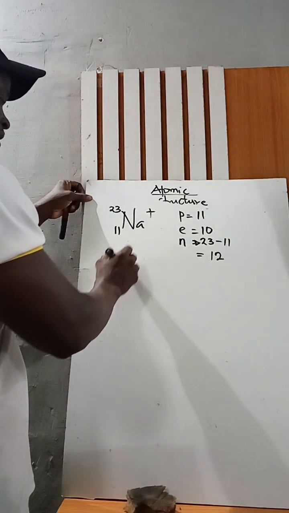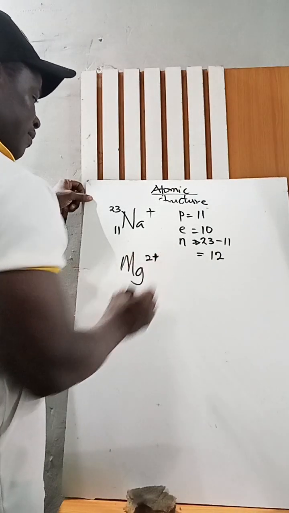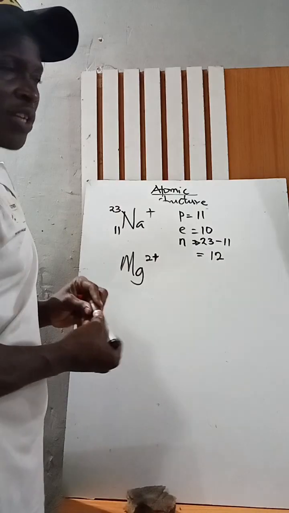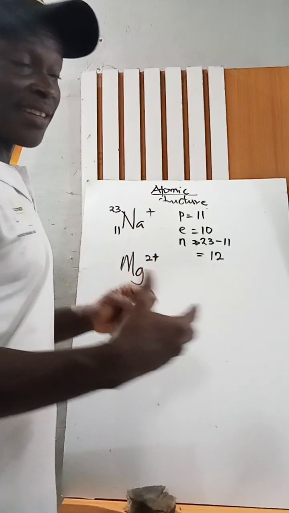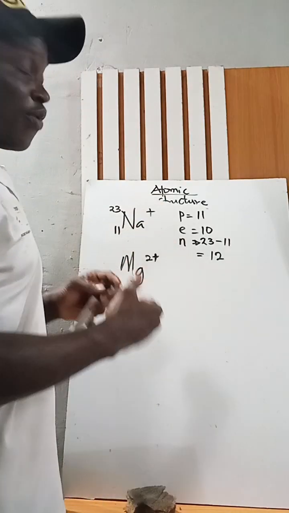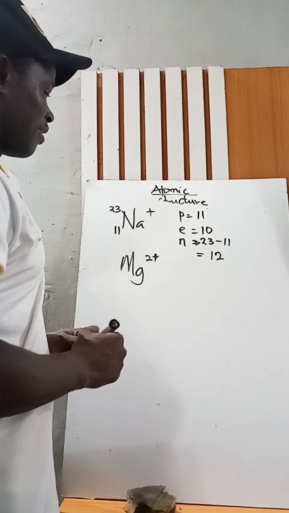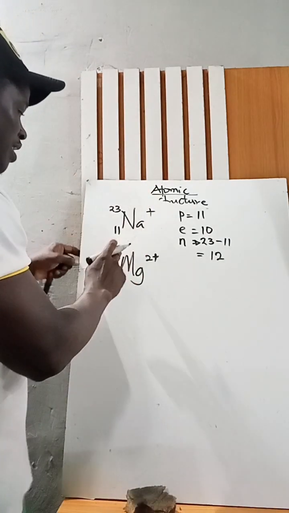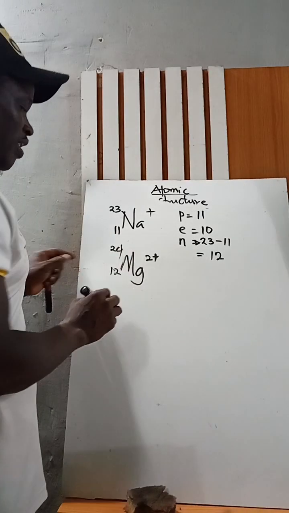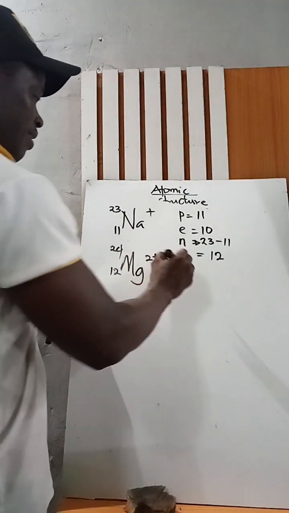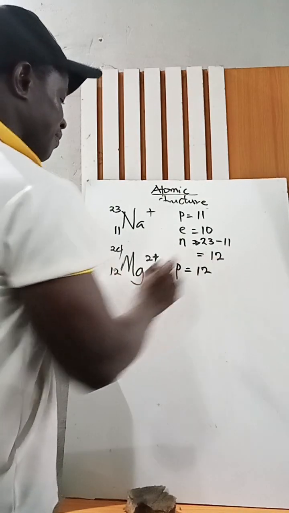Okay, so let's look at this one. Magnesium ion. Don't worry, your question in your mind is how are you putting all these charges? Don't worry, in the next class you will learn how we are putting on these charges. It's not a problem at all. Just relax. So here we have 12 and we have 24 mass number. So here we go. Proton is 12.